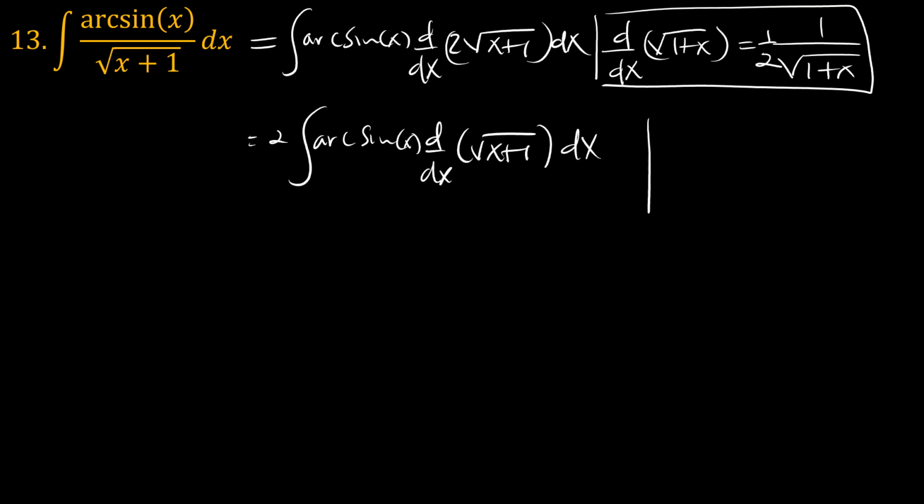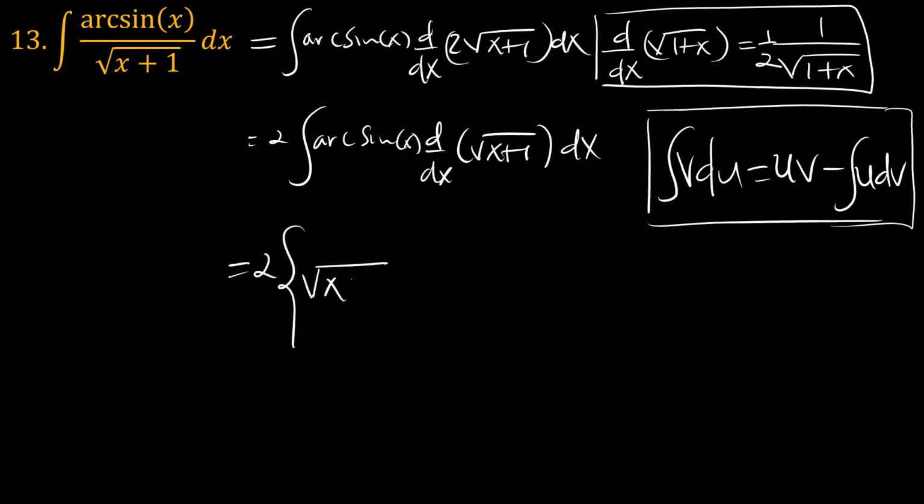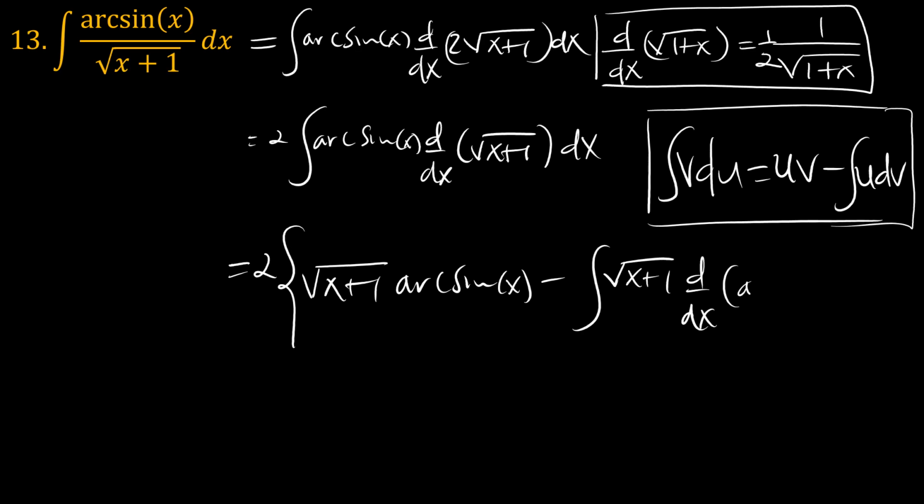Notice we can use integration by parts, where we say, well, we're integrating a product of v and a derivative of u, and that, when integrated, is u times v minus the integral of u times the derivative of v. So with that in mind, we can pull that 2 out, and then we have square root of x plus 1 times the arc sine of x minus x plus 1 times the derivative of the arc sine of x.